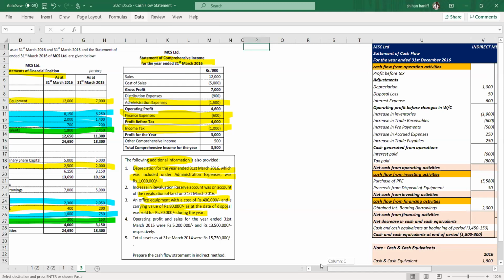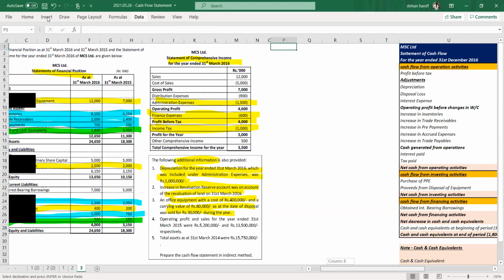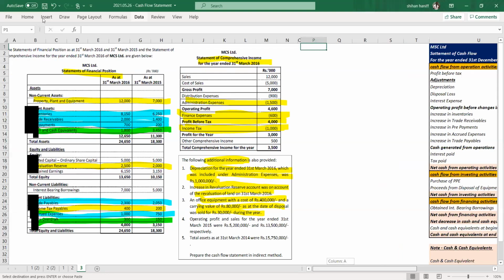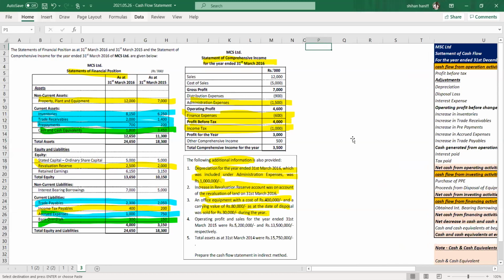We need working to find out the cash received from the debtors, cash paid to the creditors, and the payment of operational expenses.